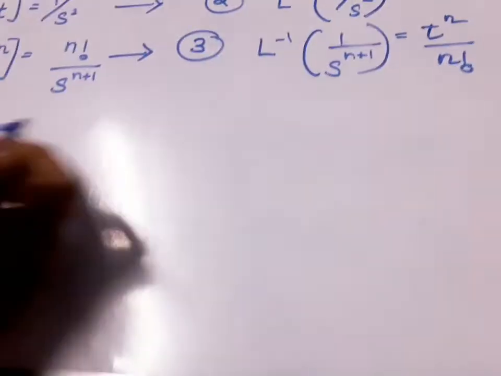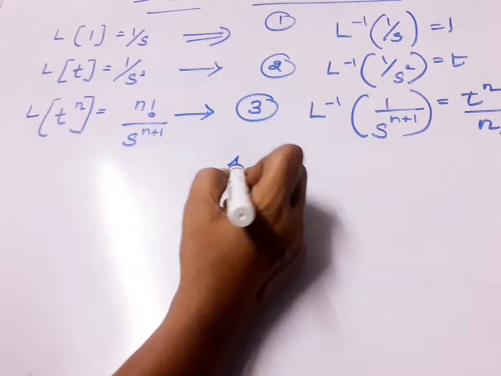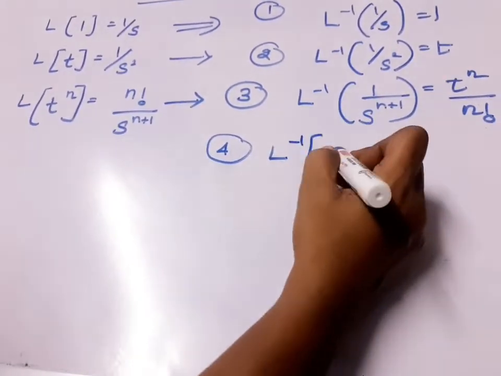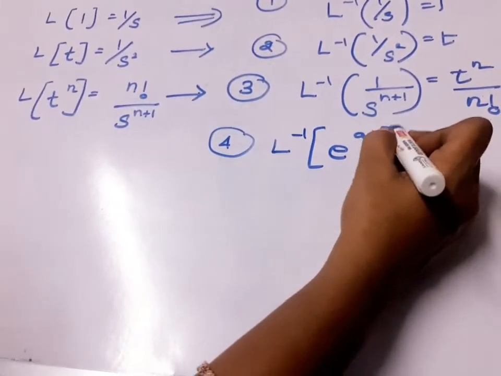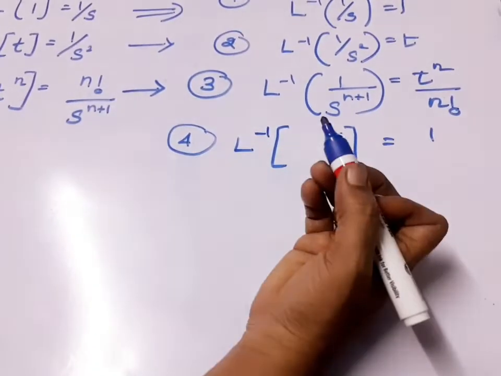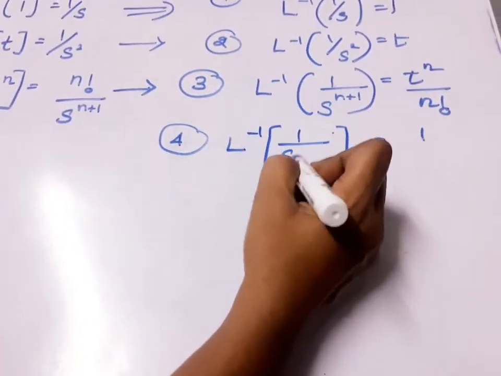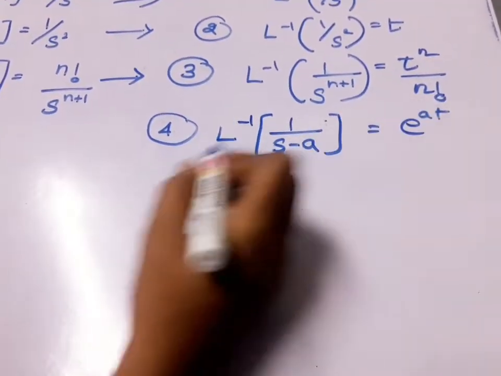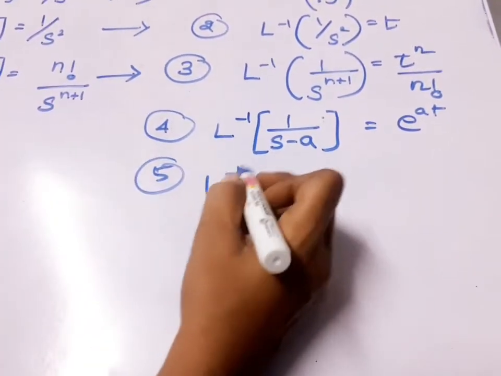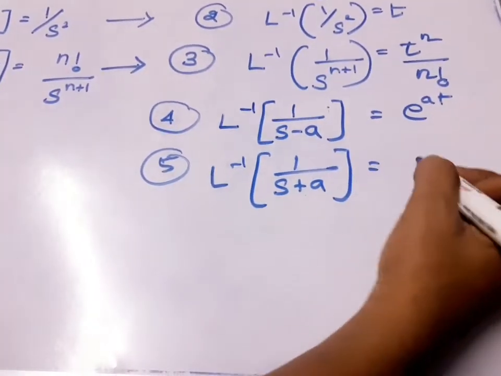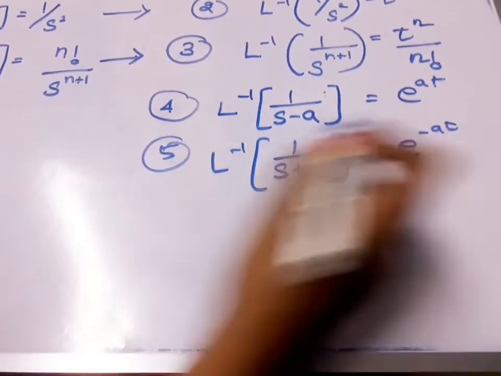So similarly, we may get the formula that L inverse of 1 by s minus a is e power at. L inverse of 1 by s plus a is e power minus at.